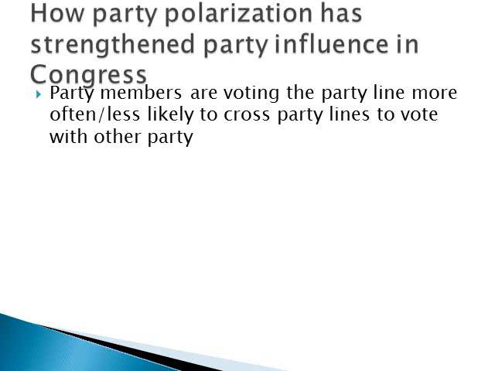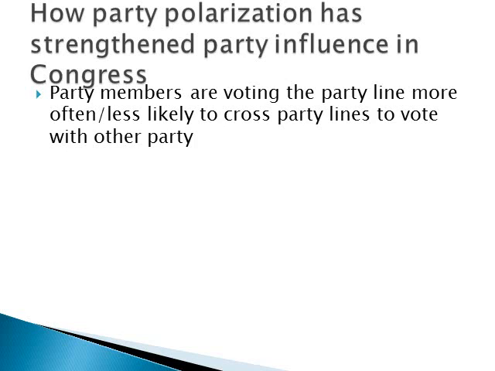All right, so how has party polarization strengthened party influence in Congress? They give one example, really. They give 2, but they're pretty much flip sides of the same coin here. Party members are voting the party line more often, and party members are less likely to cross party lines to vote with the other party. Flip sides of the same coin. It's really very obvious, and I think for a lot of you, it's the reason why you would not get this point.